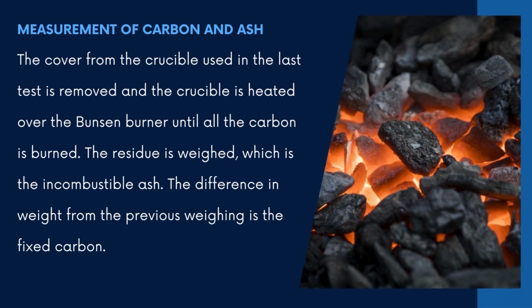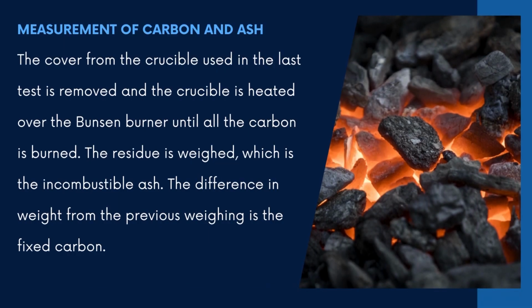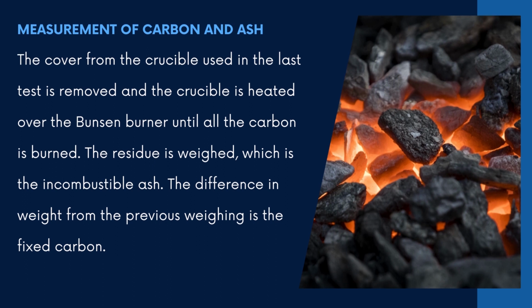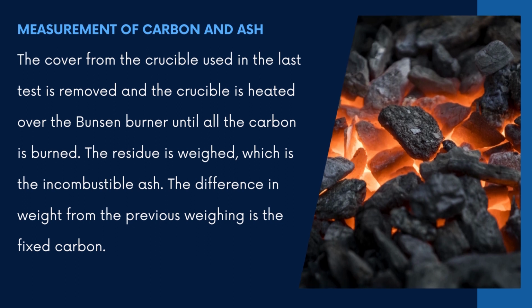Measurement of carbon and ash. The cover from the crucible used in the last test is removed and the crucible is heated over the Bunsen burner until the carbon is burnt. This residue is weighed, which is the incombustible ash. The difference in the weight from the previous weighing is the fixed carbon.